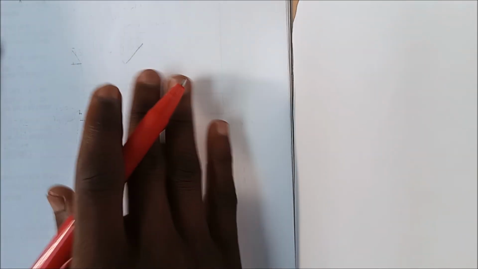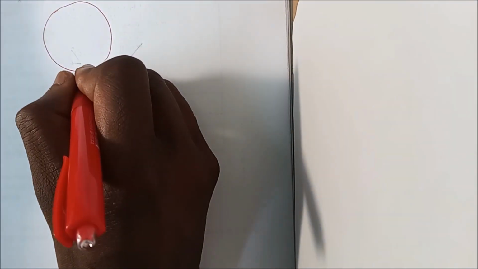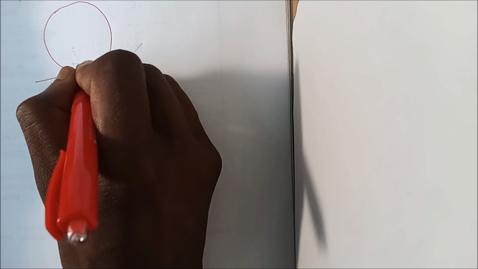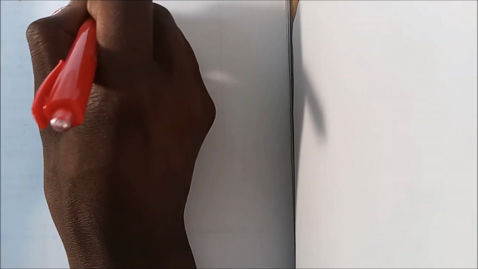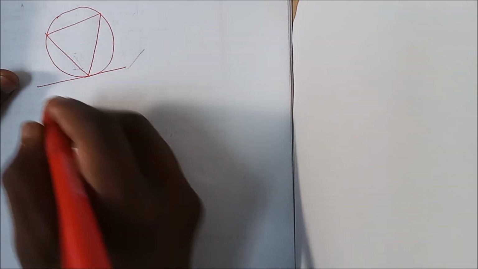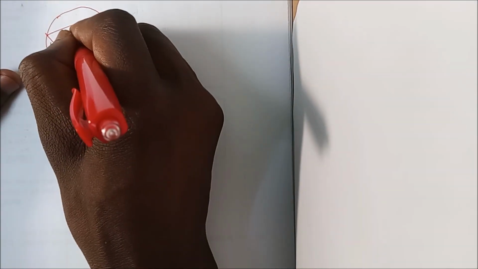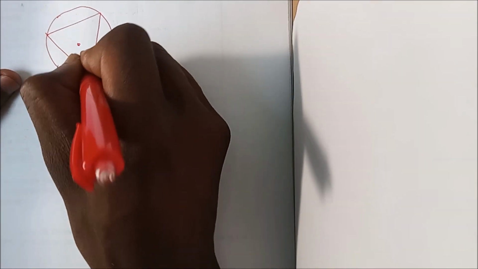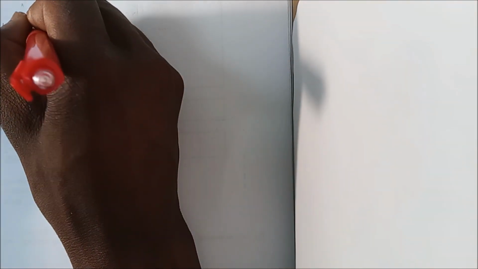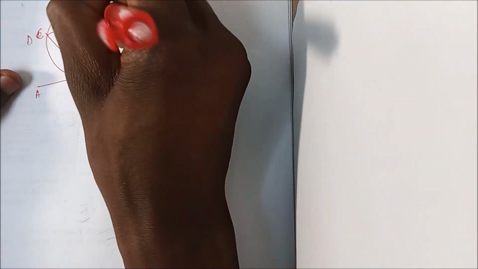So now, moving on to another point, which is a tangent. So that's A, B, C. Okay, we have our O there. Let's say this is 1, 2, 3. Let's say C, D, E.